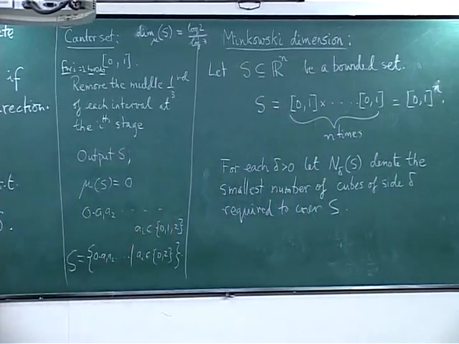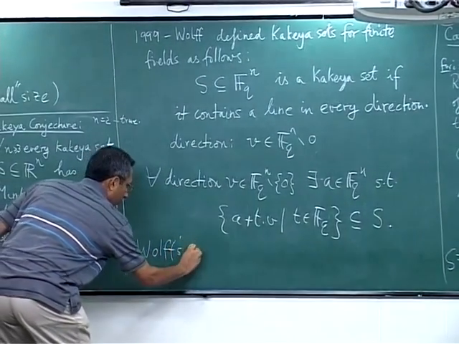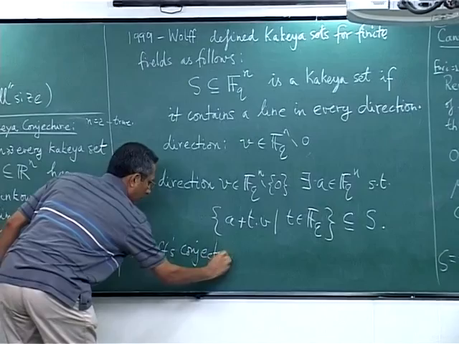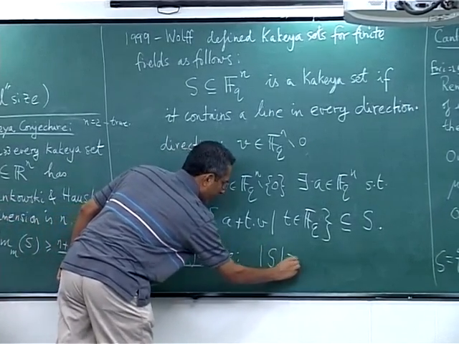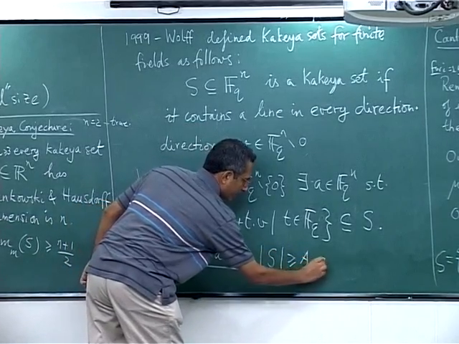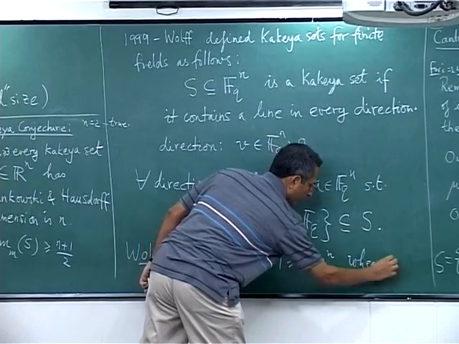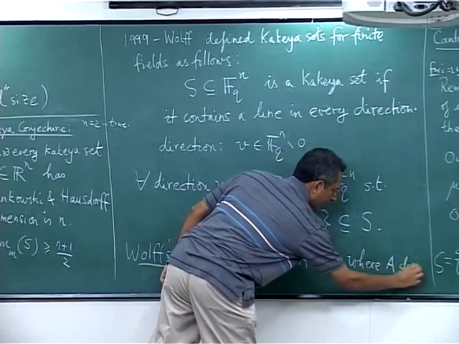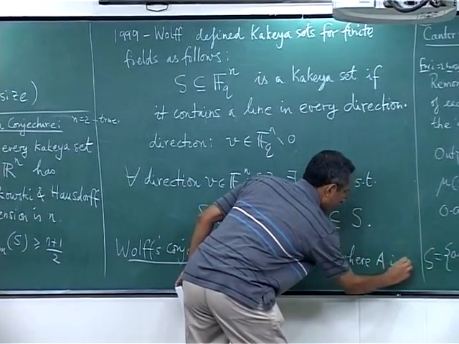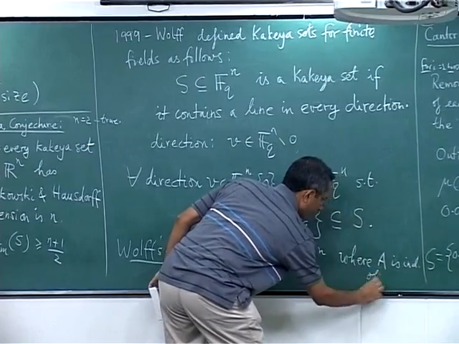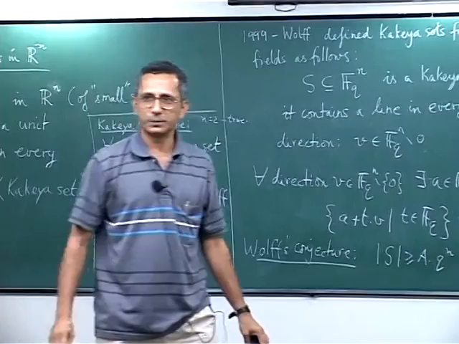And the conjecture, Wolff's conjecture, is that the cardinality of S must be at least some constant A times q power n, where A could depend on n, but A is independent of q.